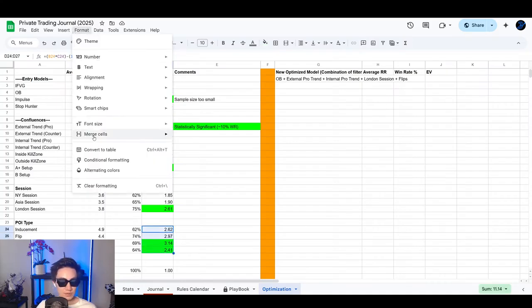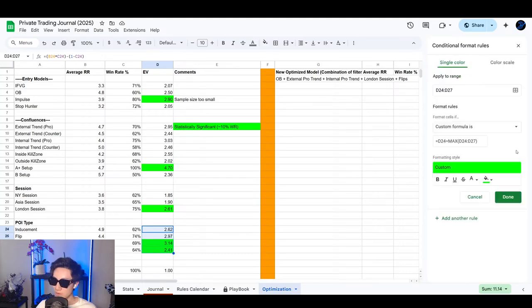I think it's because it's checking too. Oh wow, it's still highlighting two of them.